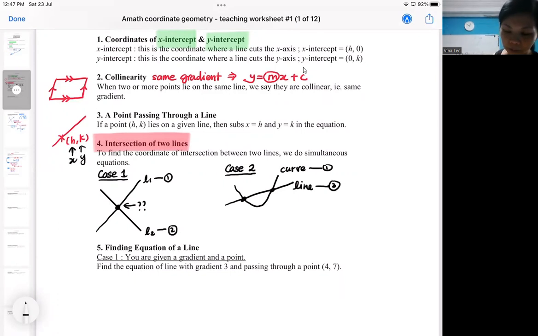So if you do the simultaneous, you will get two sets of coordinates. You will get two sets of x and you will get two sets of y. The two sets of answers will represent the two intersecting points.